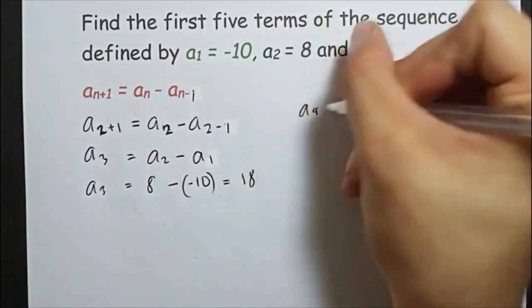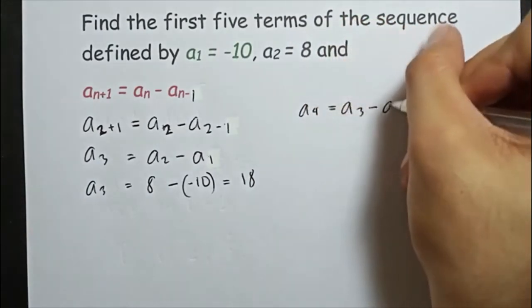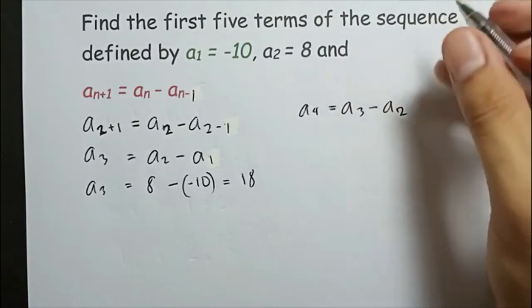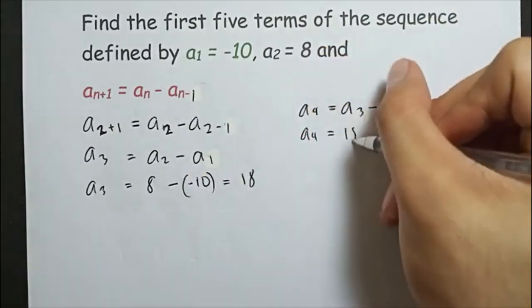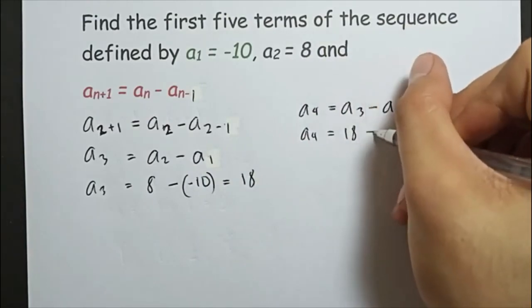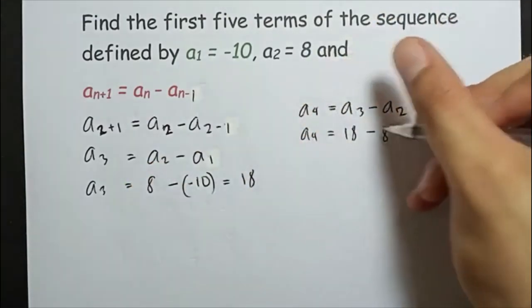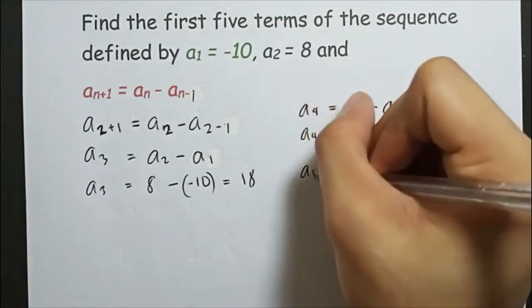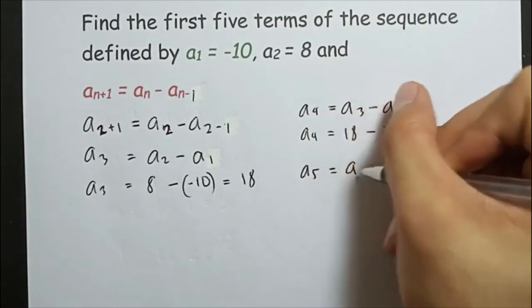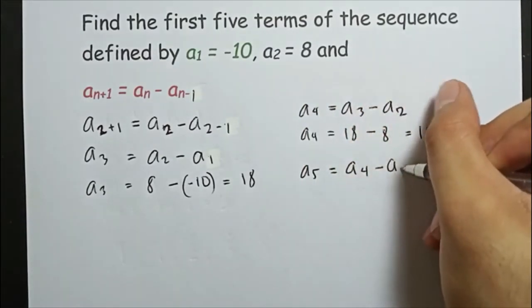Next, a sub 4 magiging a sub 3 minus a sub 2. Then, a sub 4 natin, a sub 3 natin is 18 minus a sub 2 natin is 8. Answer is 10. A sub 5 magiging a sub 4 minus a sub 3.